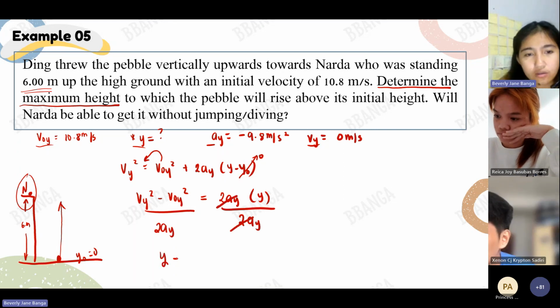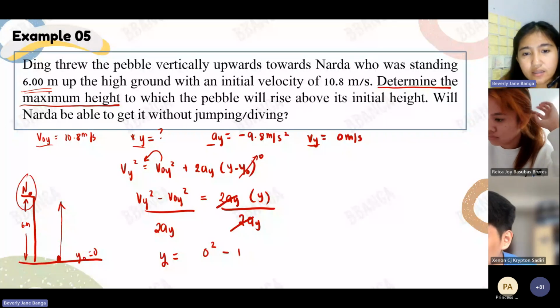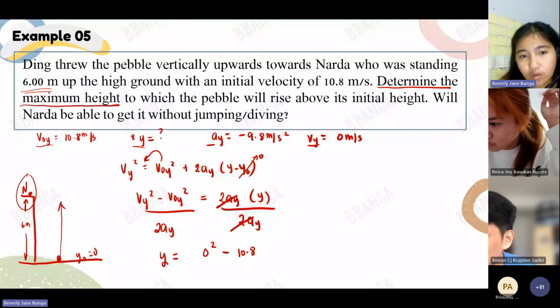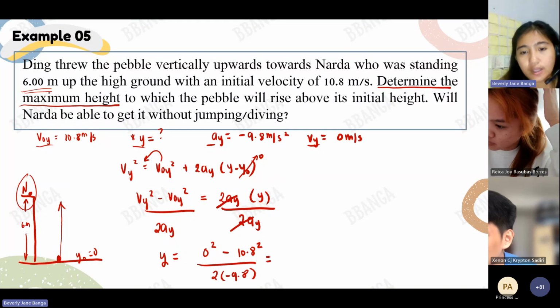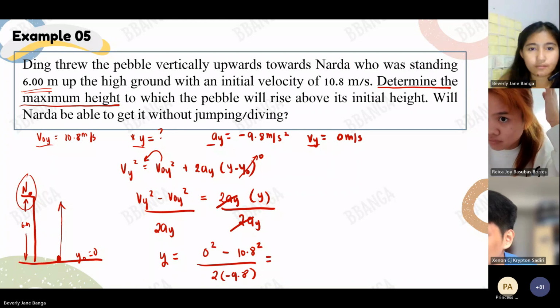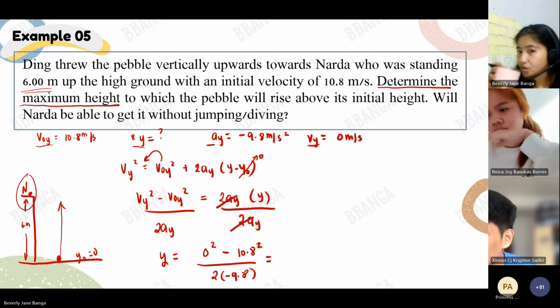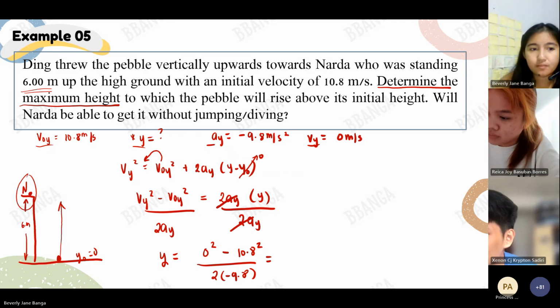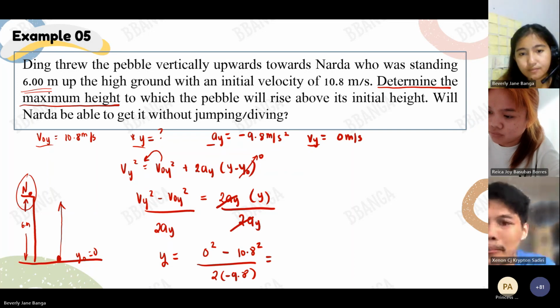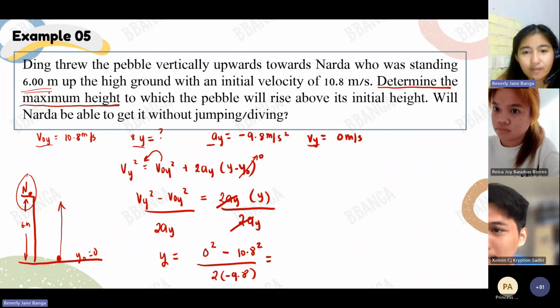So, you have y, therefore, is equal to 0 squared minus 10.8 squared over 2 times negative 9.8. What do we get? 5.95 po. 5.95. Naku, ang lapit na.